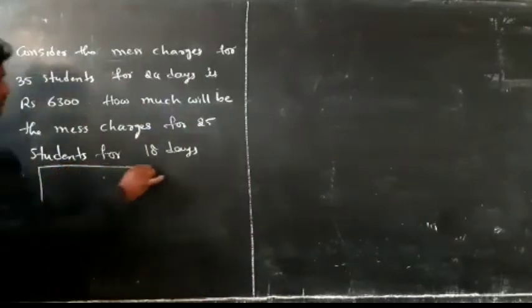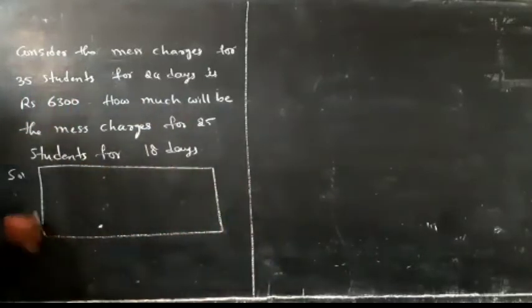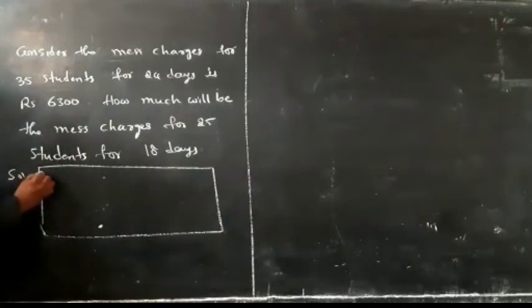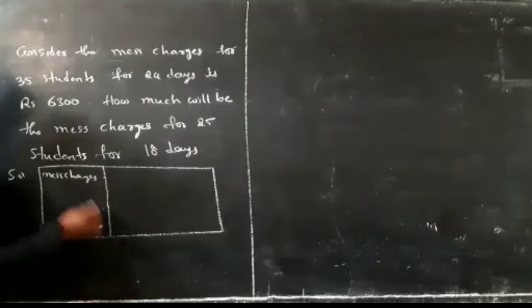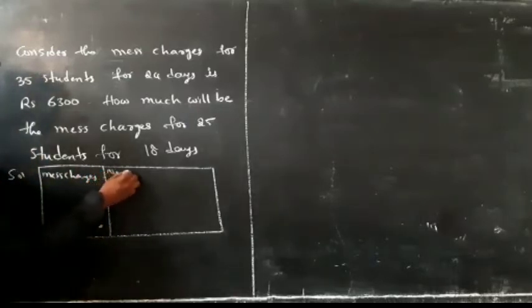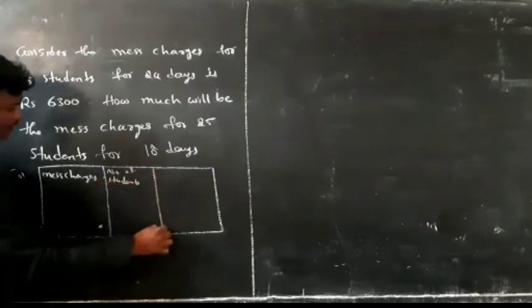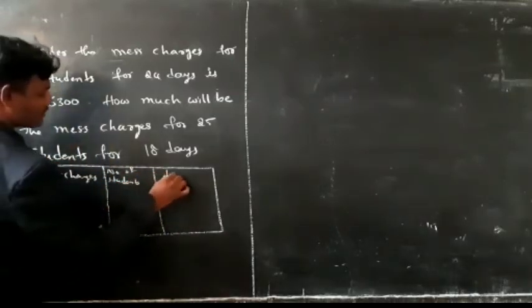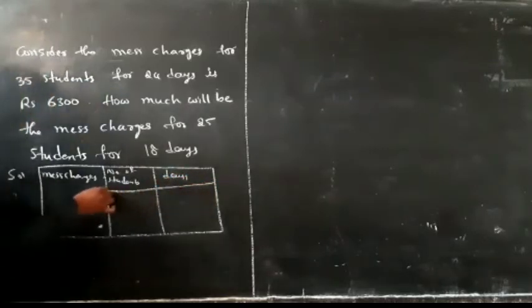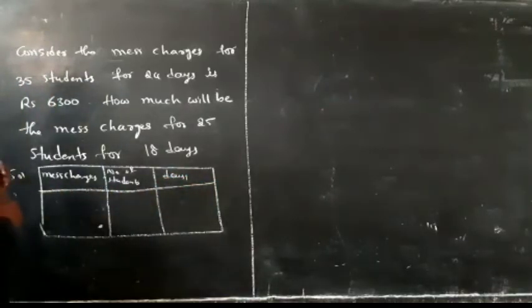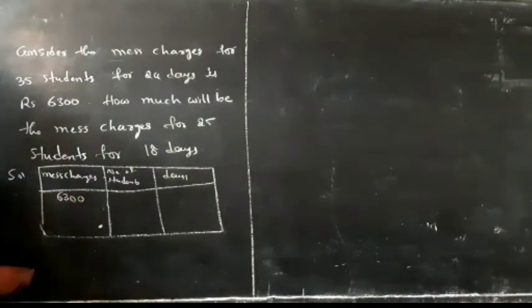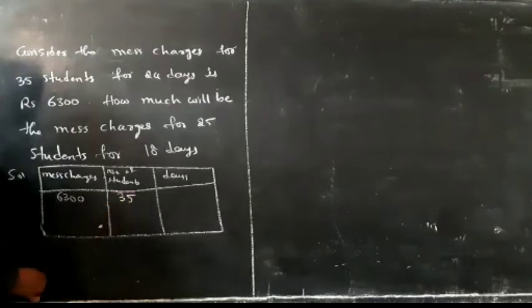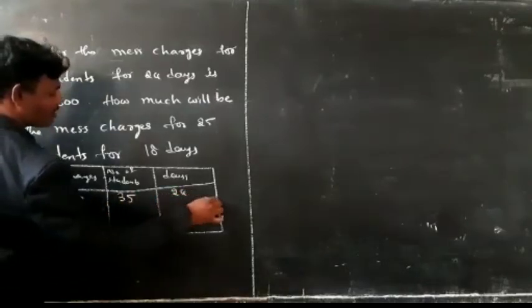In case 1, first mess charges. Next, number of students. Next, days. What are the mess charges? 6,300 for 35 students for 24 days.